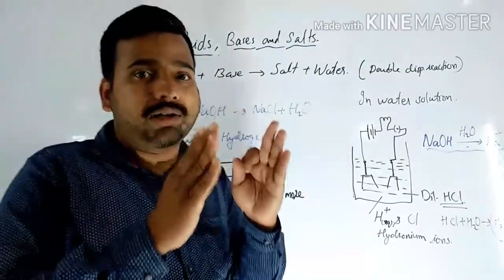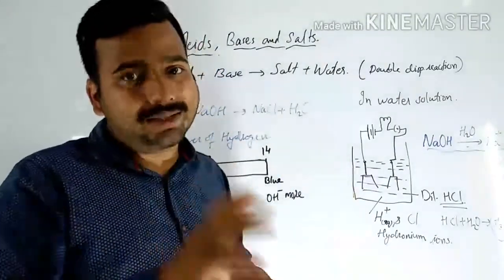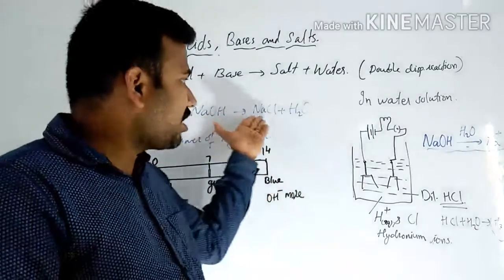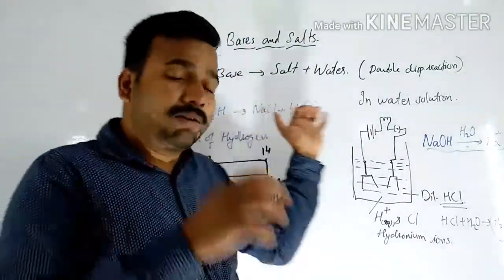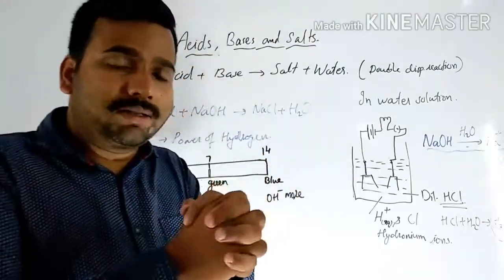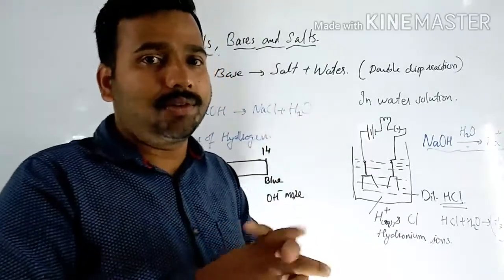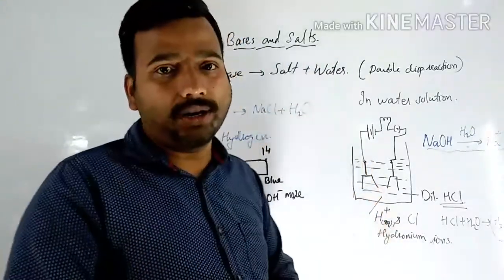If the strength of the acid is more, the salt formed will be acidic salt. And if the strength of the base is more, then the salt formed will be basic salt. And if both the acid and base are equally strong or equally weak, then the salt formed will be neutral.